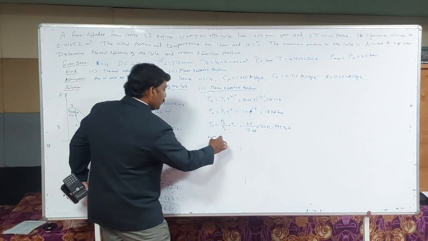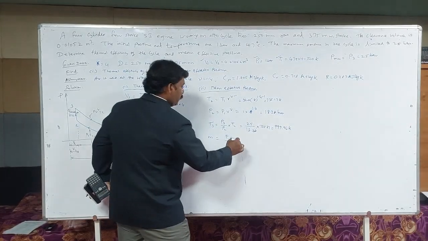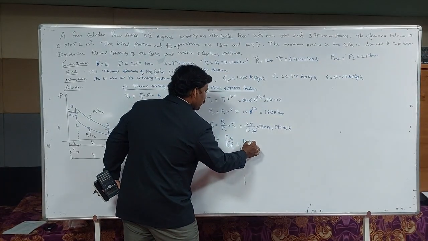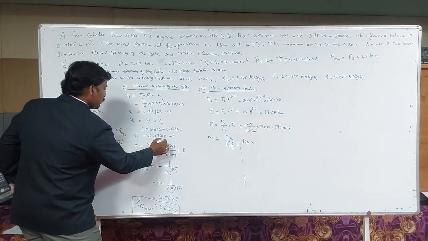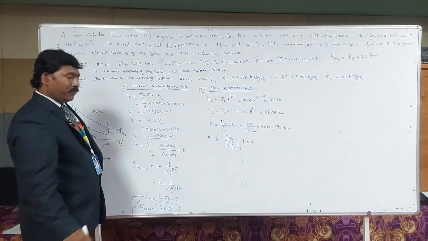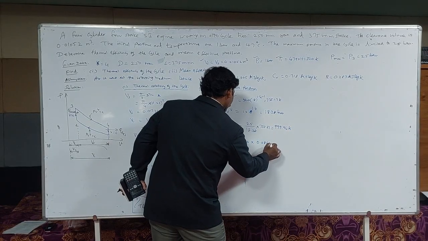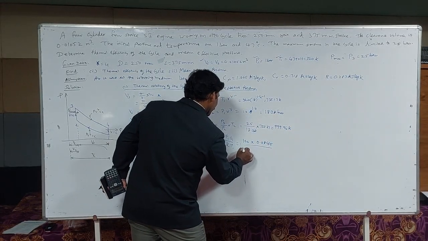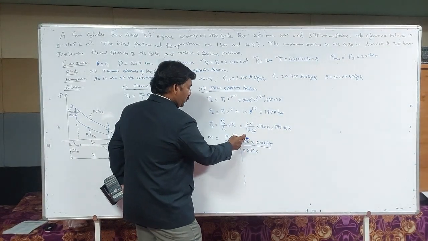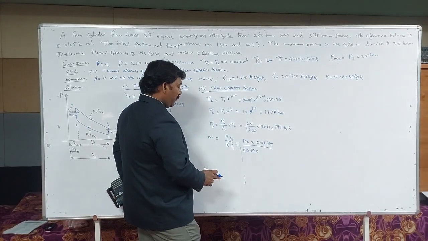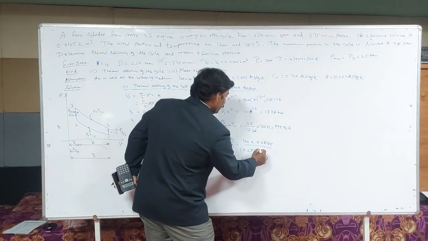Then we have to find out the mass of air handled per cycle. So m is equal to P1 V1 by R T1. P1 we know is 1 bar, which I can write as 100 kilopascal, into the initial volume, which we have found here as 0.08415 meter cube, divided by R, the gas constant, which is 0.287 kilojoule per kilogram Kelvin. Since I am substituting P1 in kilopascal, I am substituting R in kilojoule per kilogram Kelvin, into the temperature T1 as 320.